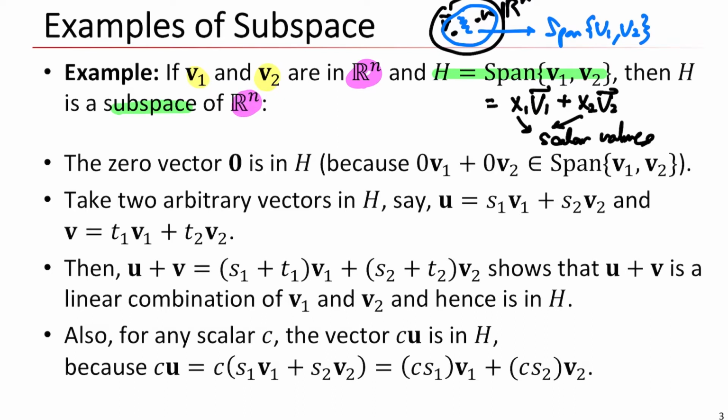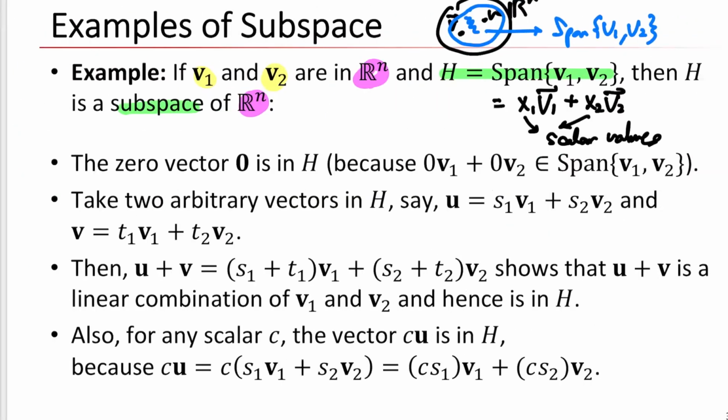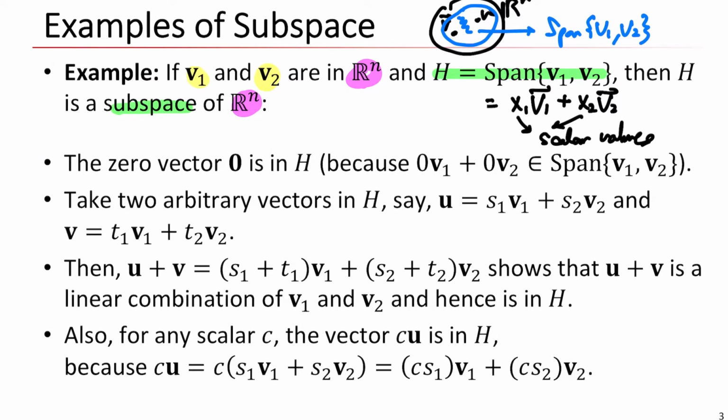Let's prove that the span of the vectors v1 and v2 is a subspace. How can we prove it? We have to check these three properties. Let's check the first property. The zero vector is in H, the span of v1 and v2. Why?